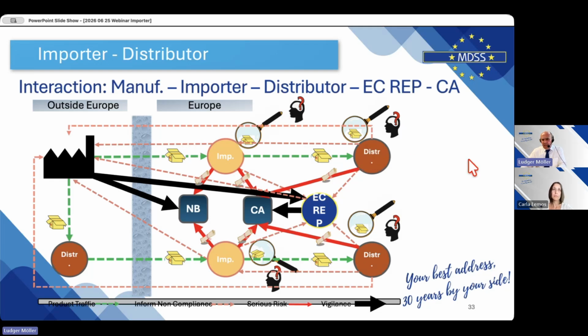If a patient informs the distributor, that goes directly to the manufacturer, and the importer forwards it as well to the manufacturer. If it's a serious risk, it may go to the competent authority and the notified body. The EC rep certainly is also being informed, and you may receive information from several entities about one single event.